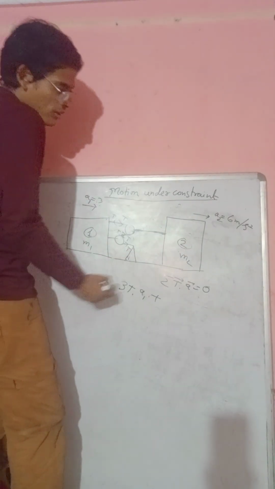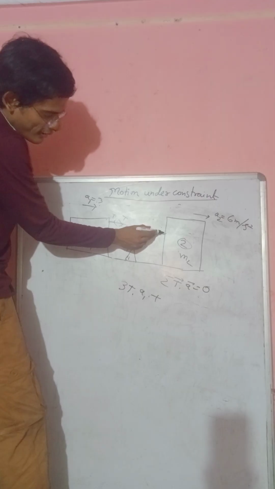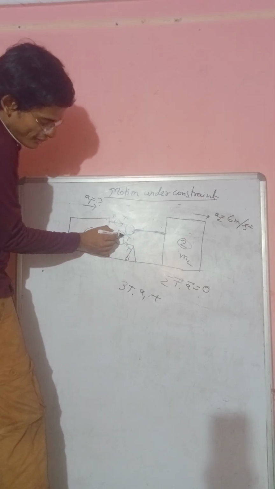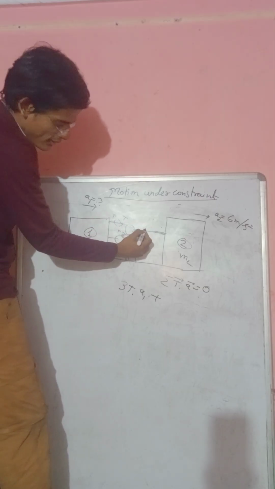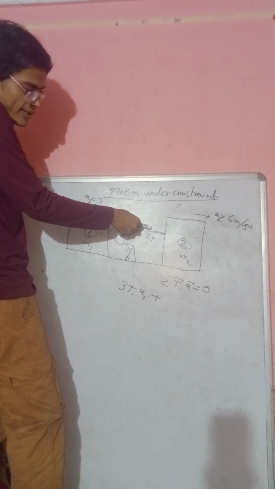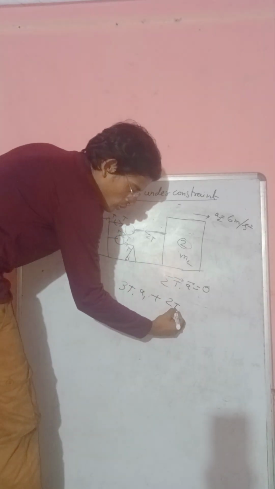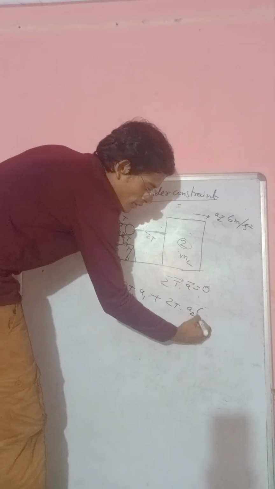So you can write here, see that this is attached to this part and this part only. So T plus T here. Now tension force is in this direction, acceleration is in this direction. So 2T into A2 into minus 1. Why minus 1?